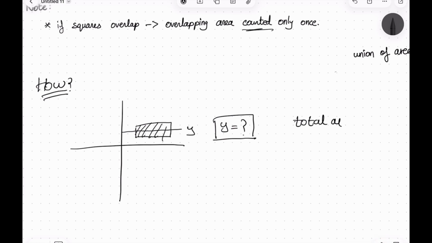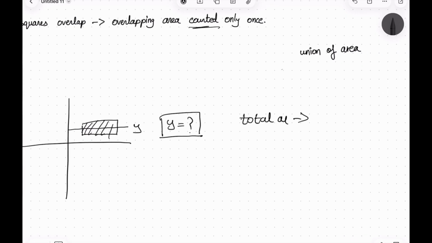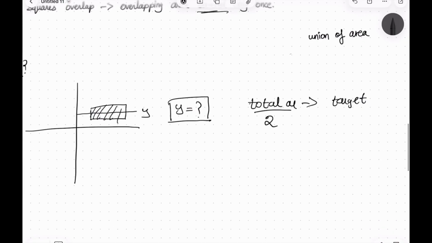Based on that, we will get the target area, which is total area by 2. Using this only we can find it. The target area is equal to length cross breadth, or it can be height cross width.